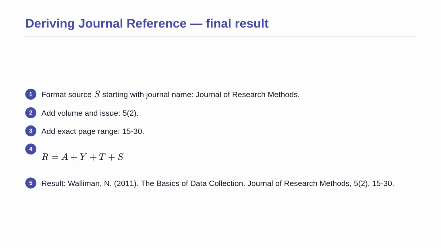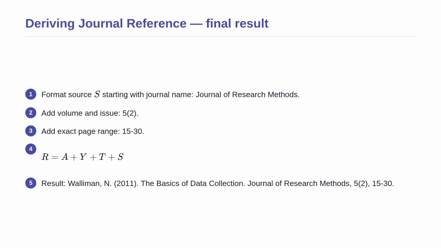Now we finalize the derivation by constructing the source details variable, S, which is more complex for journals. We write the title of the journal, Journal of Research Methods, and italicize it along with the volume number, 5, because the journal is the broader container.